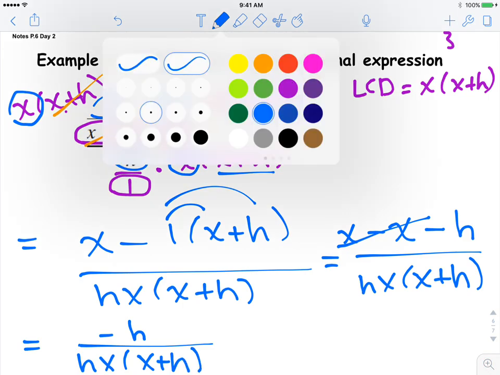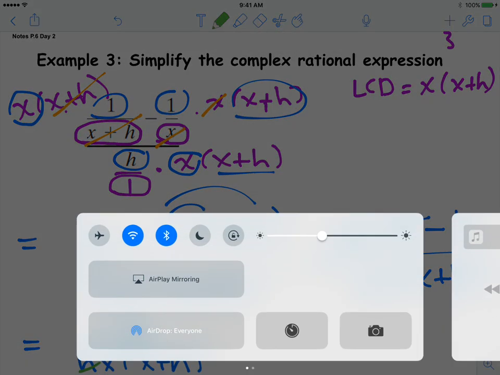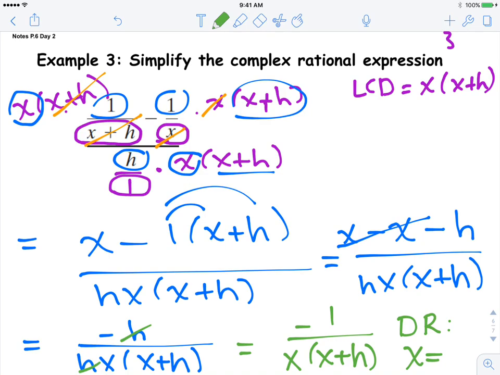And then we have a common factor of h. So our final answer is negative 1 over x, x plus h. And then we do not want x to be 0.